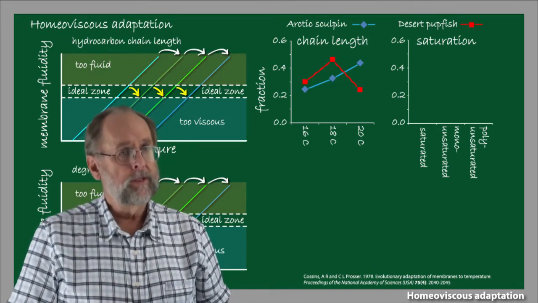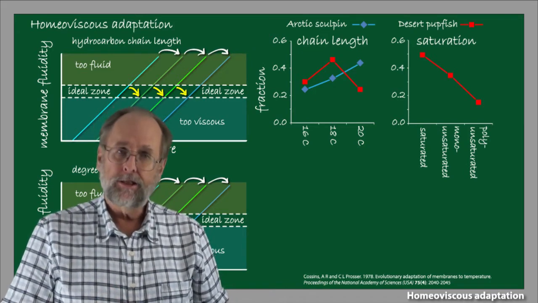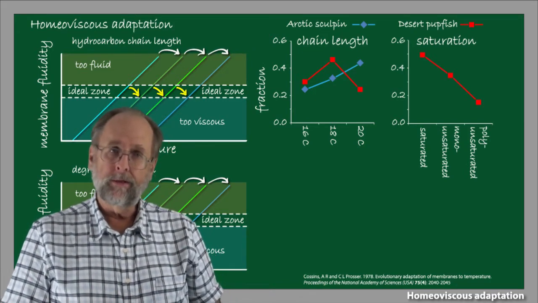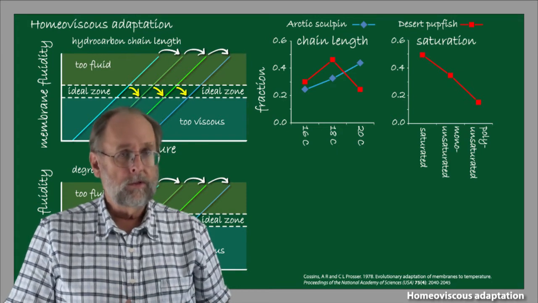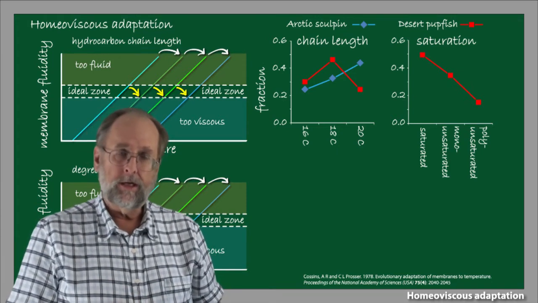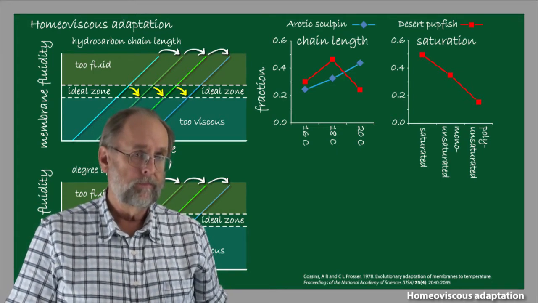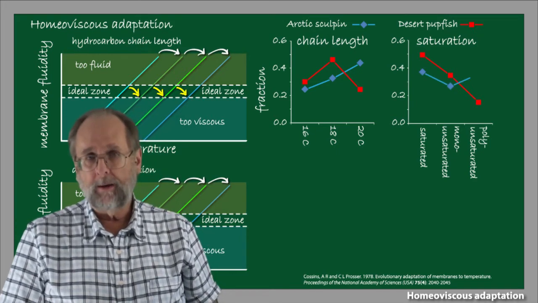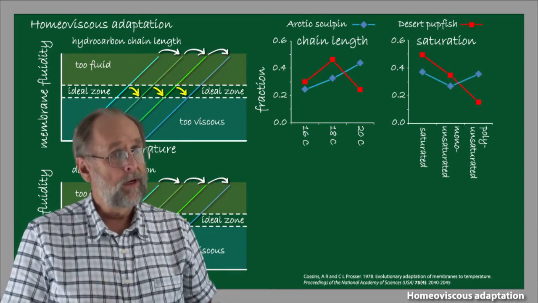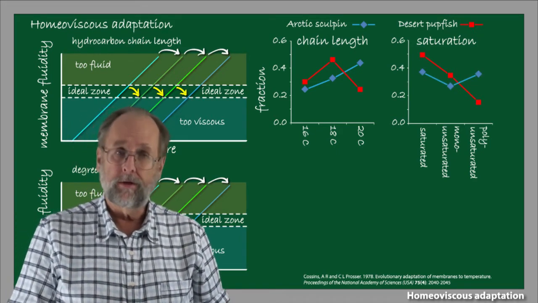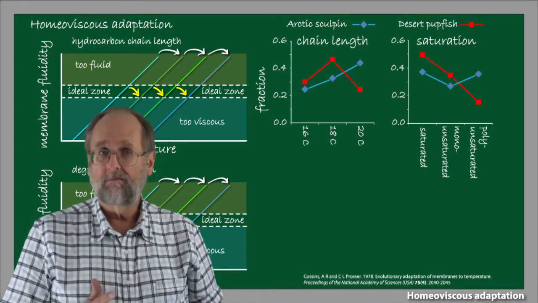In the membranes from the desert pupfish, it's the saturated phospholipids that are the most abundant, with fewer monounsaturated and polyunsaturated phospholipids. In the more cold-adapted Arctic sculpin, it's polyunsaturated phospholipids that are the most abundant. This is as we predicted.